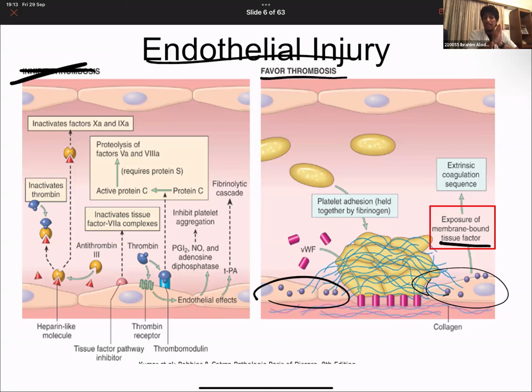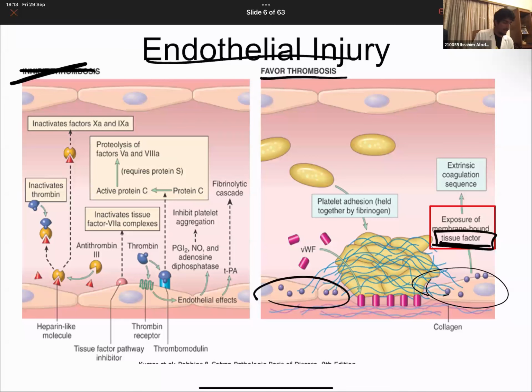However, the second that there's an injury to the endothelium, all of those proteins that are preventing the blood clot from getting formed get inactivated. They stop working, and something called tissue factor gets exposed. And the exposure of tissue factor is going to be what starts secondary hemostasis. And we're going to talk about what secondary hemostasis is in a bit. But really, the main takeaway from here is that tissue factor gets exposed upon endothelial injury, and it's going to trigger secondary hemostasis. Is that more clear?